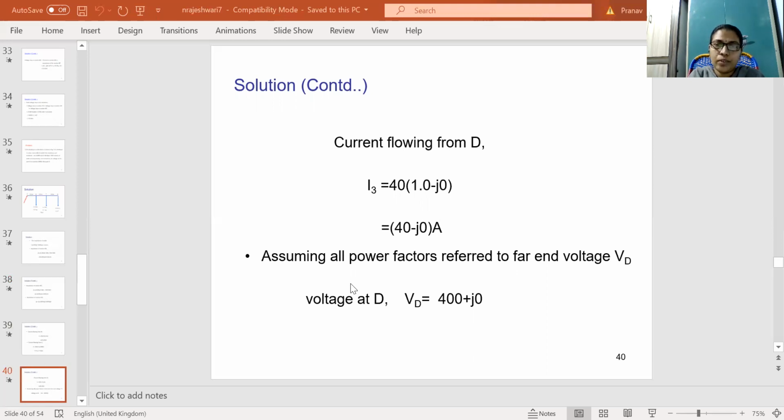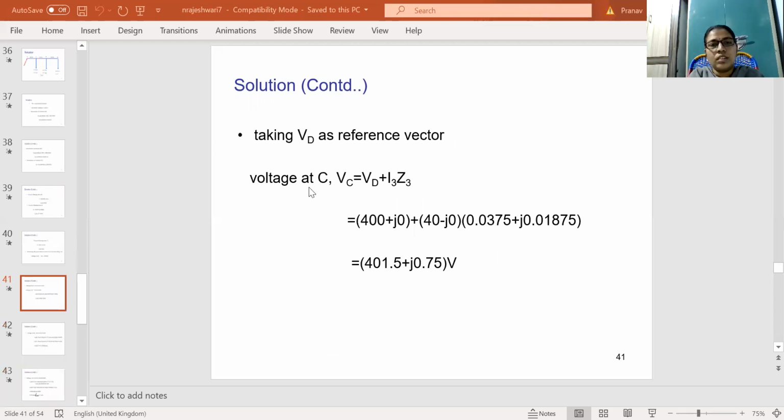And assuming all power factors refer to the far end voltage, which is VD. Because VD is given as 400 volts, to maintain this 400 volts, all the power factors are referred to the far end VD. So the voltage at D, VD, is equal to 400 plus j0. Taking VD as the reference vector, the voltage at C will be VC equal to VD plus I3 Z3.